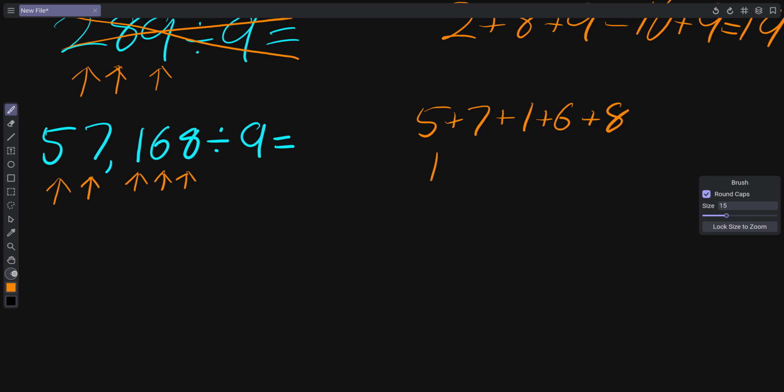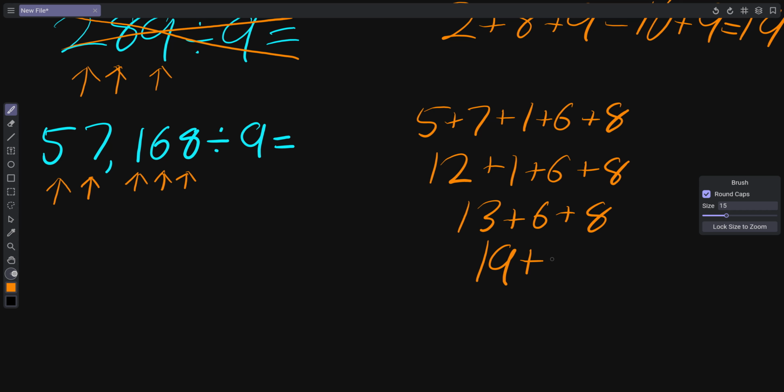That's going to become 12 plus 1 plus 6 plus 8. That's going to become 13 plus 6 plus 8, which becomes 19 plus 8, and finally it becomes 27. And 27 is actually evenly divisible by 9. 9 will go into 27 3 times. So we actually know that this is going to work.